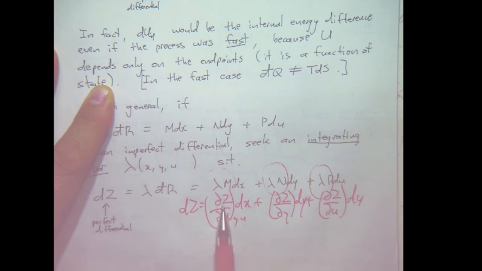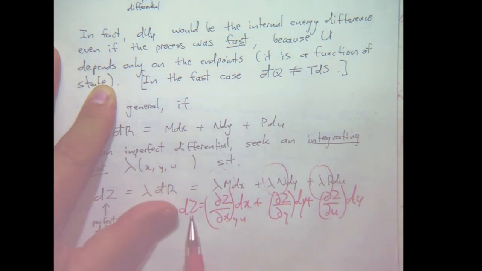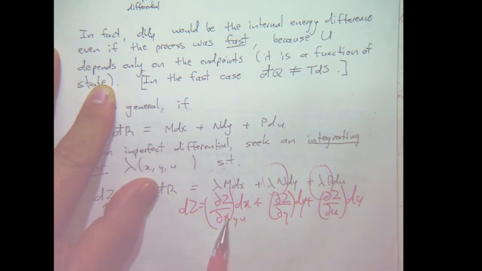There's a partial derivative there, a change in dz. What contributes to the infinitesimal change in z? It's the infinitesimal change in the x direction, plus the y direction, plus the u direction. If you can write that, then you have the total derivative.